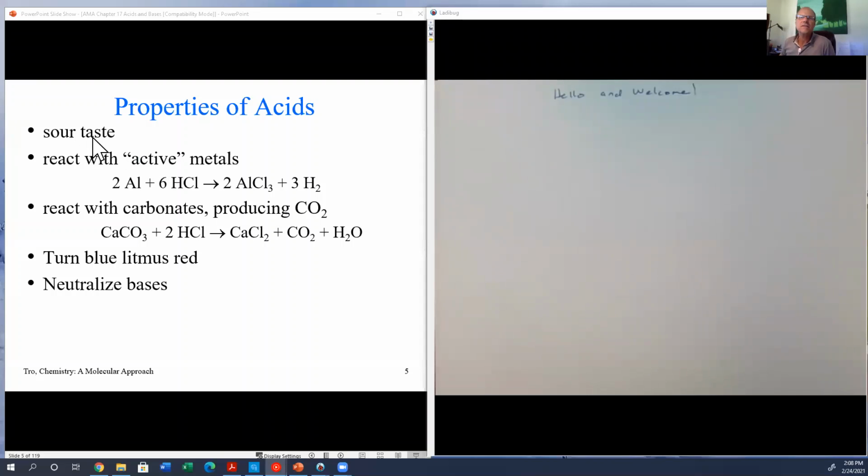So, okay, acids have this sour taste. Acids react with active metals. In some spy movies, you'll see a spy, like James Bond, get trapped in a prison, right? And he'll pull out sometimes a gold pen that contains an acid, and he'll squirt the acid on the bars, and that's how he'll escape from prison, right? Have you seen this in any spy movies?